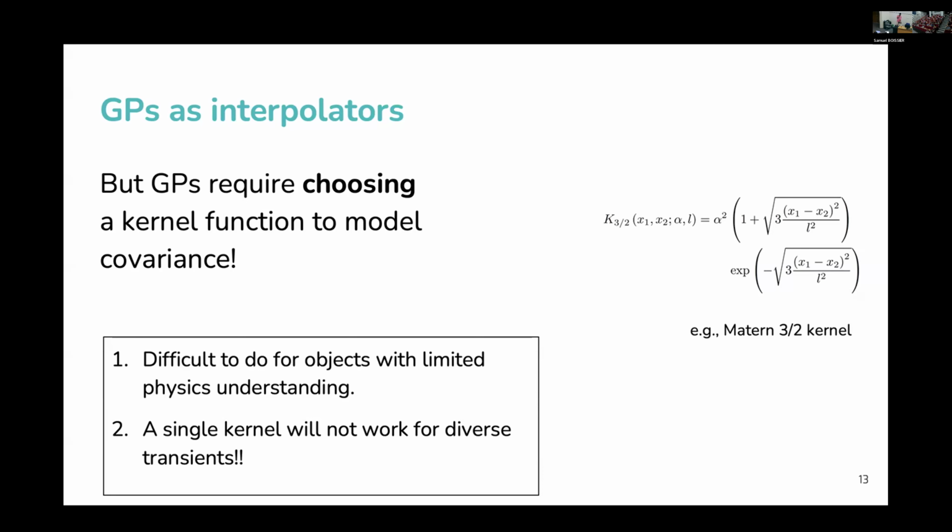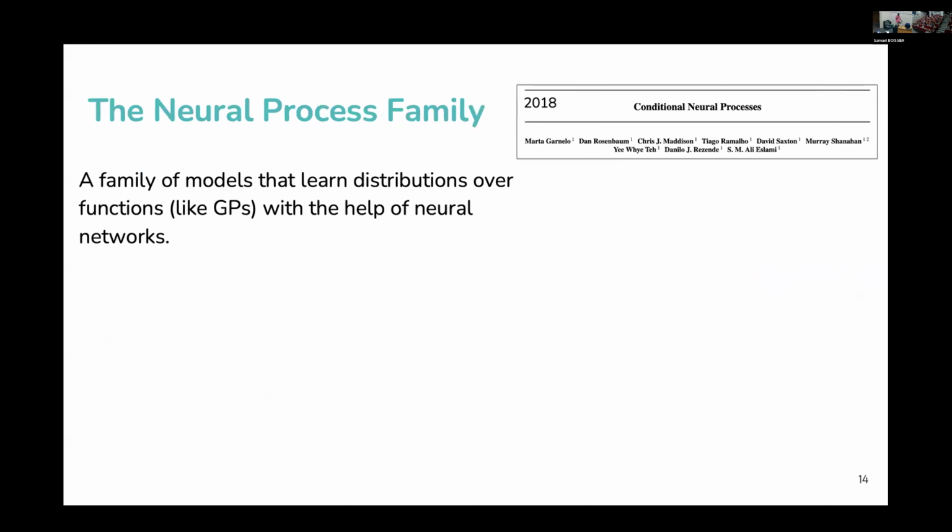And what this means is that Gaussian processes will never work for every single transient. And another problem with them is also they're very slow the way we use them, and I will talk a little bit about that at the end.